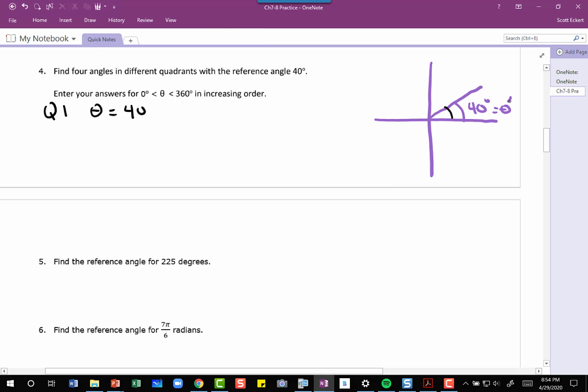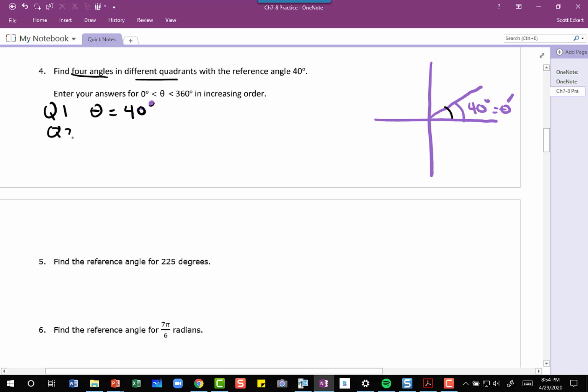I'm going to call the purple one the reference angle. And the black one is an angle in one of the quadrants that is the same as the reference angle. Okay. But they want 4 of these in different quadrants. So let's figure it out.